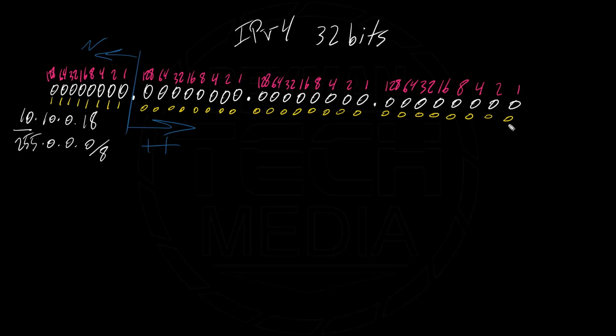We already talked about the formula earlier. The number of hosts equals 2 to the power of host bits minus 2. How many host bits do we have? 24, right? So 24 minus 2, and why minus 2? Because of the network address and the broadcast address, which we talked about earlier and you will see later on.